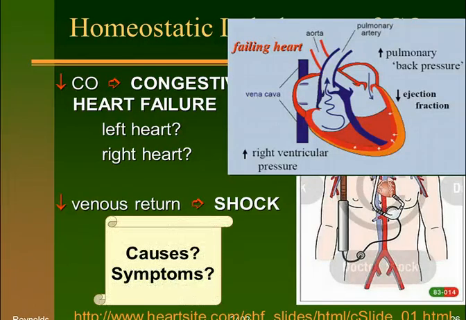So, again, if you're bleeding out, blood's going on the floor or wherever, you have a drop in venous return, means you're not going to have enough, again, think about the Starling law, not going to have enough blood getting pumped out. That means you don't get enough blood getting to the tissues, to the heart itself, to the brain, to the kidneys, blah, blah, blah. That's shock. There's a nice website. Actually, there's quite a few on congestive heart failure.